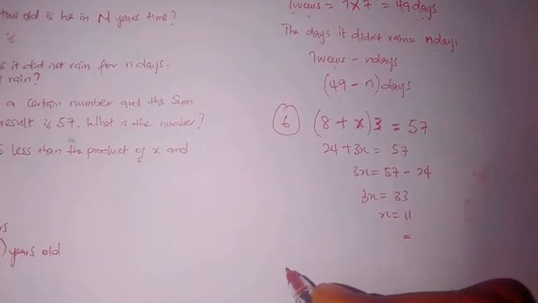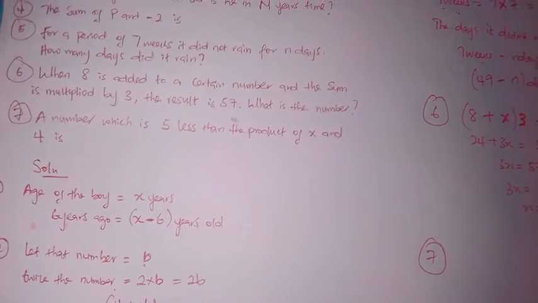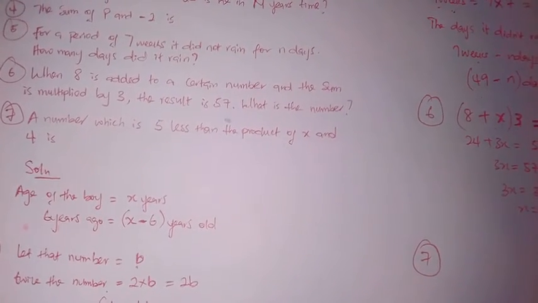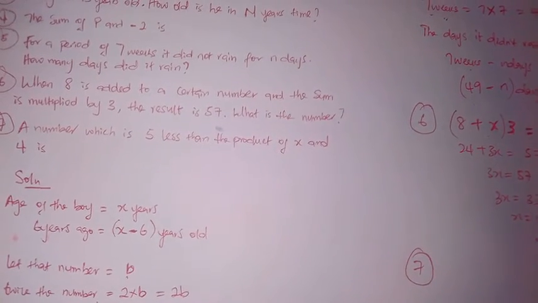Now finally, number 7 question. A number which is 5 less than the product of x and 4. In this case, I'm to find the expression.